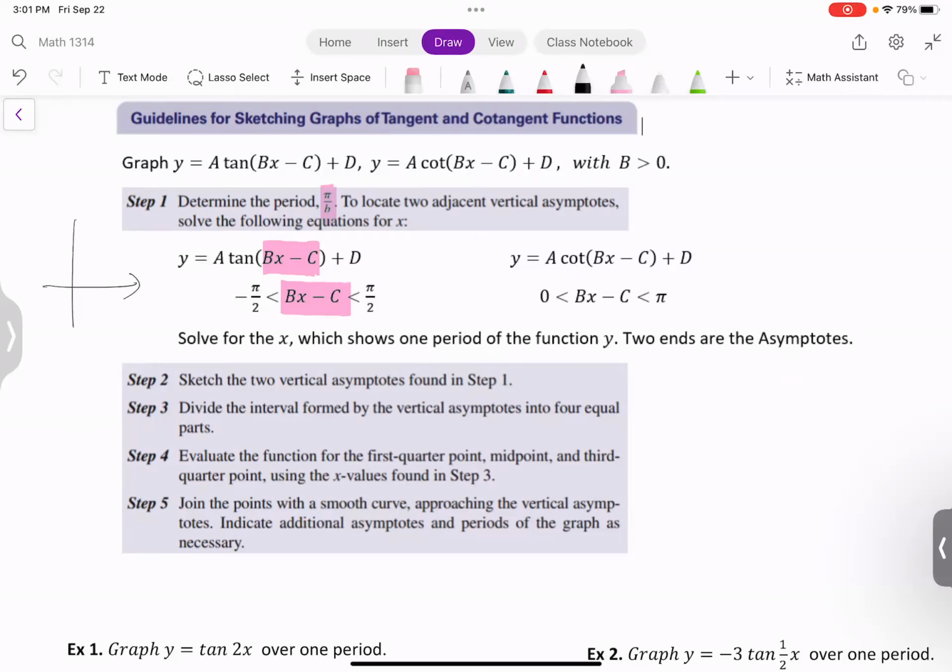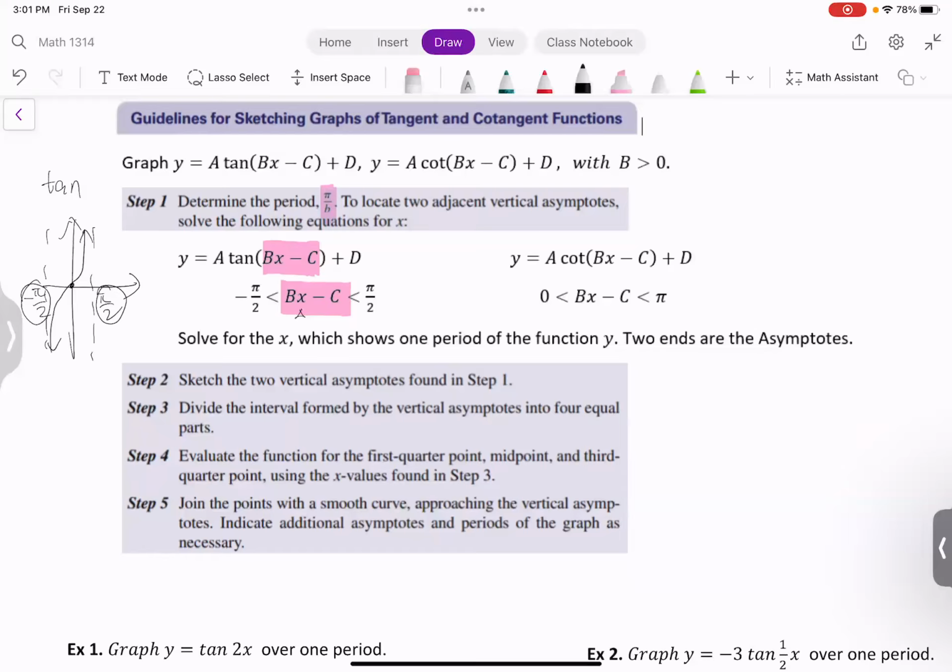Because I know the graph for the basic tangent function is from negative half pi to half pi, and it is an increasing graph. The initial point is a vertical asymptote, and the end point is also a vertical asymptote. So by solving for x, I can find the new vertical asymptotes for one period.